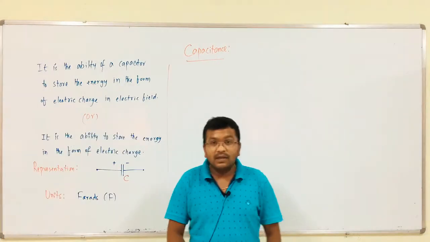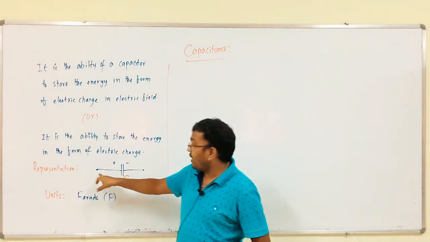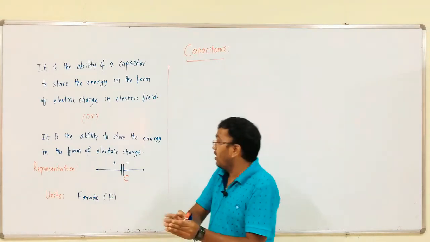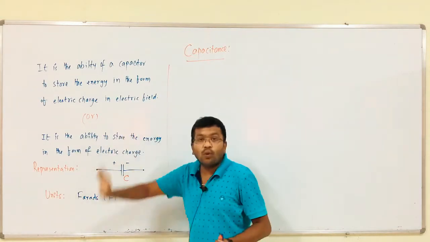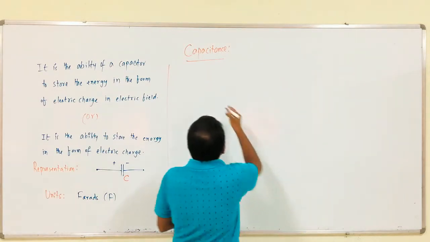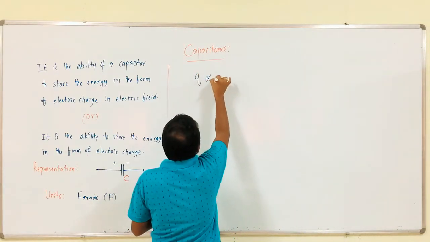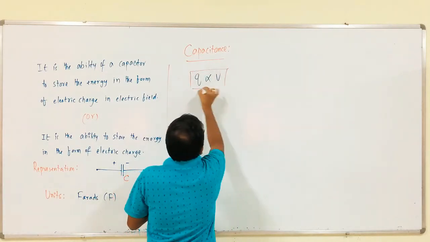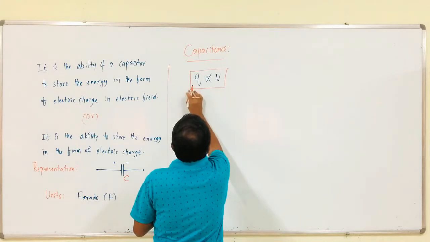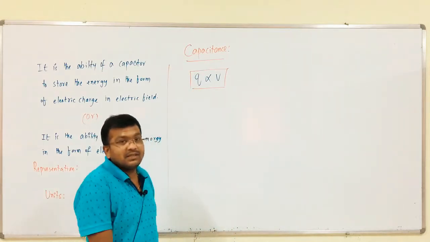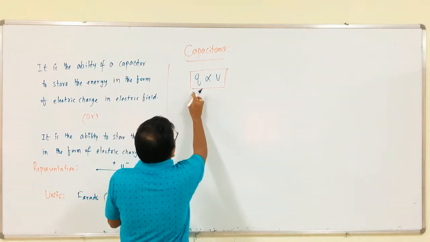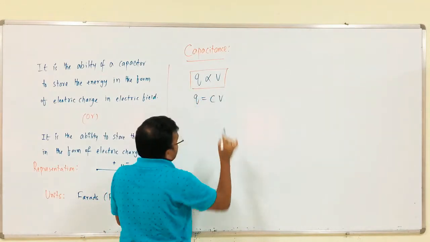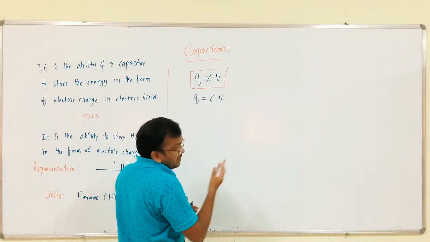Then the amount of voltage which is provided across this element is always directly proportional to the charge which is stored in that, which is nothing but Q is directly proportional to V, right. So, in order to eliminate this proportionality, we have to introduce a term, that is capacitance, C V.